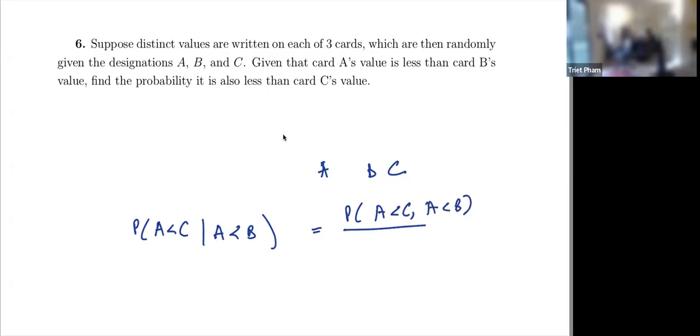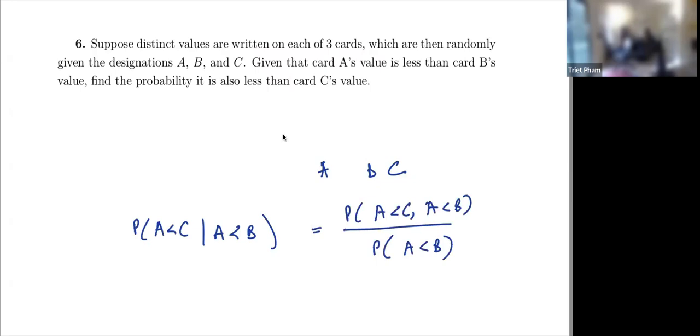So we have three cards, which we call A, B, and C, which have three values, and whichever they are, you can think of them as 1, 2, and 3. And permute. So given A less than B, find the probability that A is also less than C. So this is P of A less than C, A less than B, over P of A less than B.